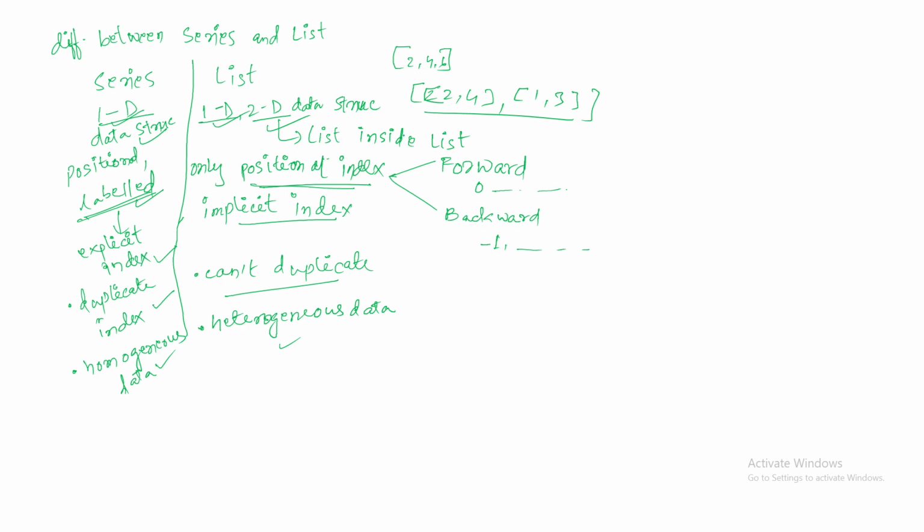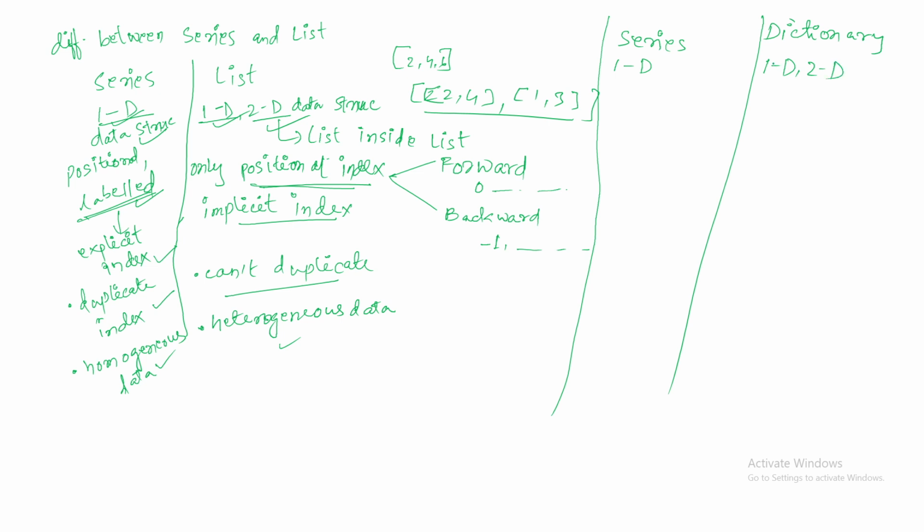Now, series and dictionary. What is the difference between series and dictionary? Clear? So series, which type of data structure will it accept? 1D. Dictionary accepts 1D as well as 2D data structure, means nested dictionary. Now, this one, values are stored against the index. This is the first point.